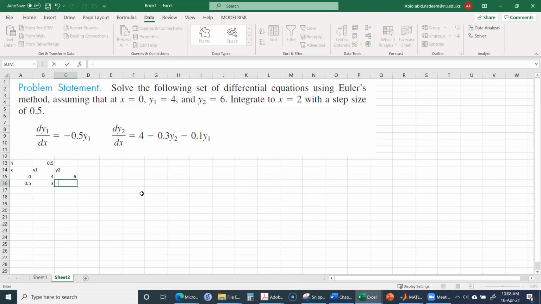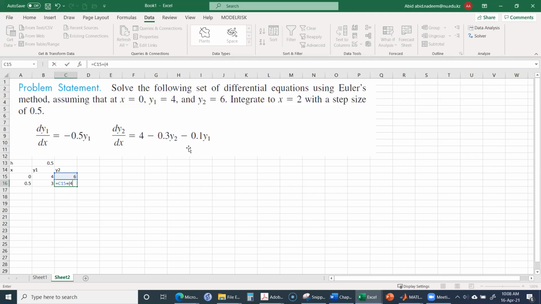Next for y2, y2 is equal to the previous value of y2 plus the function of x, y. I will put it in brackets.